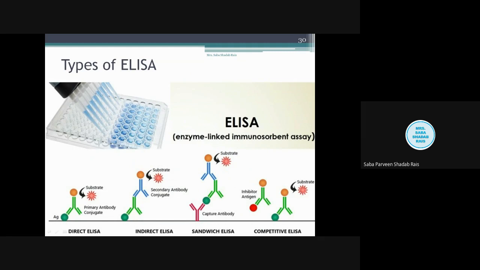We are using the micropipette to fill the wells. So, students, what happened? Sometimes the intensity of color is very low. If the number of antigens is very small, then a very small amount of color is produced. So their detection is very difficult.